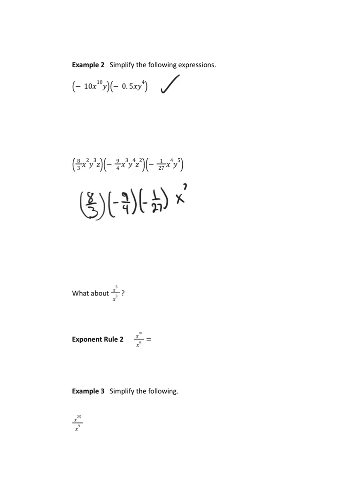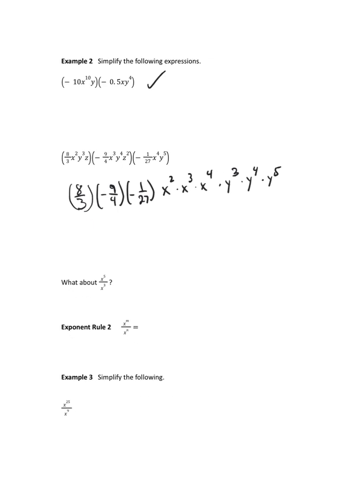And then x squared times x cubed times x to the 4th. And then times y cubed times y to the 4th times y to the 5th. And one last part for the z's. Z times z squared. And notice the last factor doesn't have any z's in it.